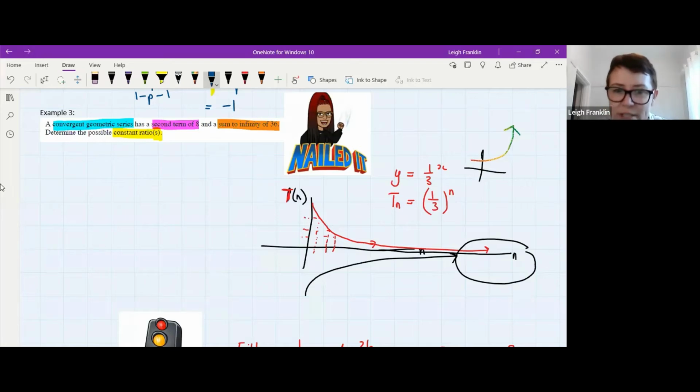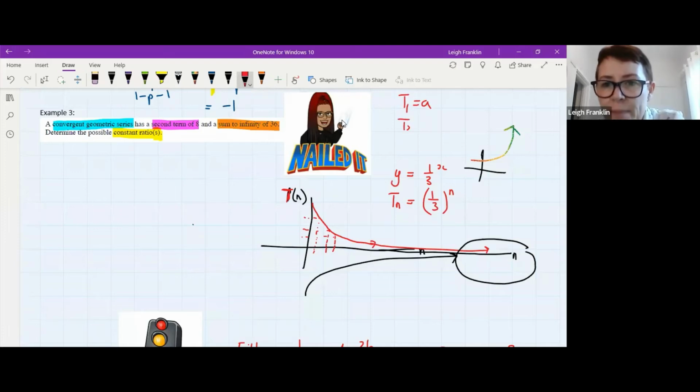For a geometric sequence, we don't write in terms of A and D, we write in terms of A and R. That's it. Let's just stick this on the side over here. Term 1 is always A, irrespective of whether it's arithmetic or geometric.